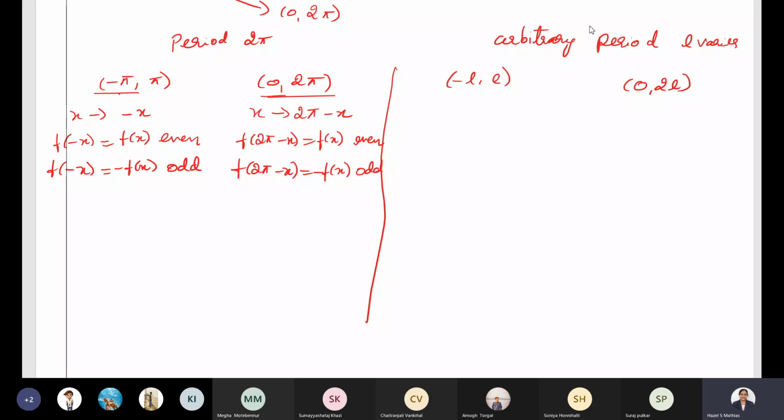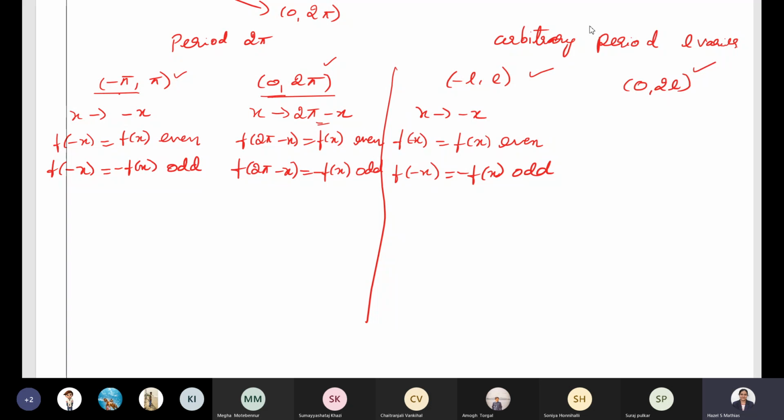The same concept you applied for minus pi comma pi, apply for minus L comma L. That is, replace x by minus x. If f of minus x is plus f of x, the function is even. If f of minus x is minus f of x, the function is odd. And the rule for 0 comma 2 pi, apply for 0 comma 2L.